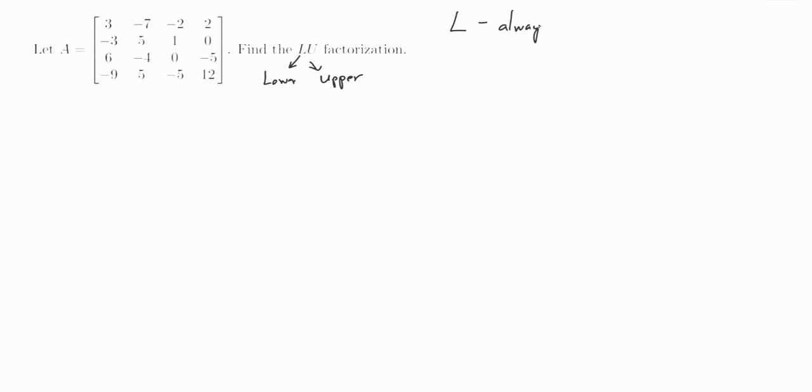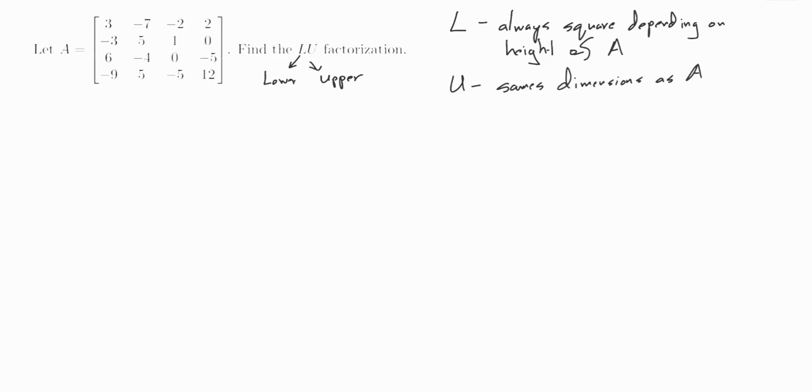And it's always going to be square depending on the height of A. U will always have the same dimensions as A. Okay, so when we do this, we are going to see that L, in this case, will be 4 by 4, and U will also be 4 by 4 because this is a square.